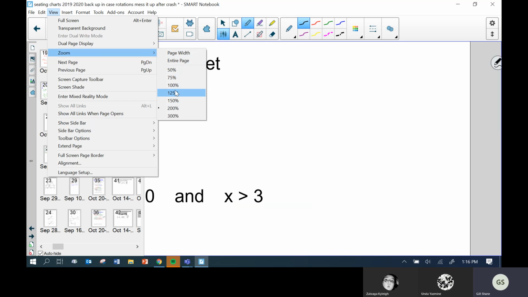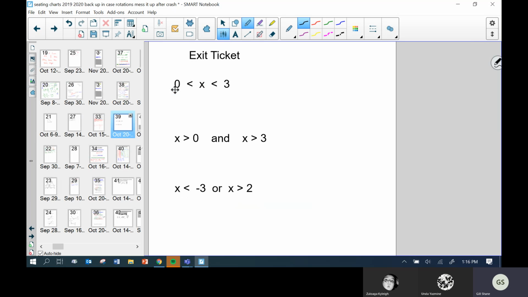So here you go. Here are the 3 problems. Write those down. Again, leave yourself some space. So this top one, the x is in the middle. What does that mean when you graphed it? If the x is in the middle of the numbers, the shaded region is in the middle, remember?